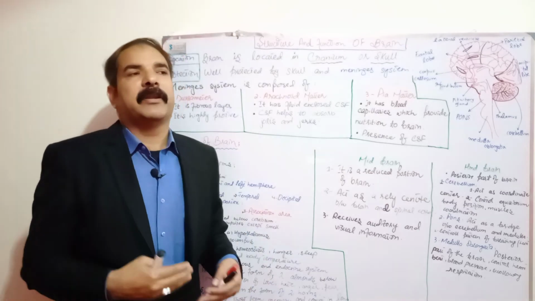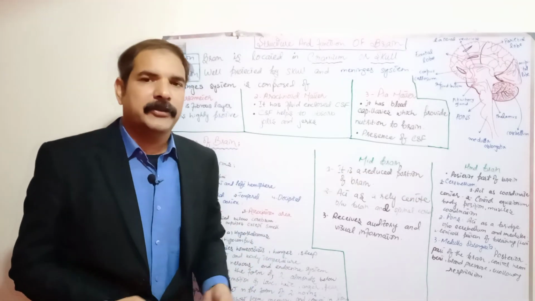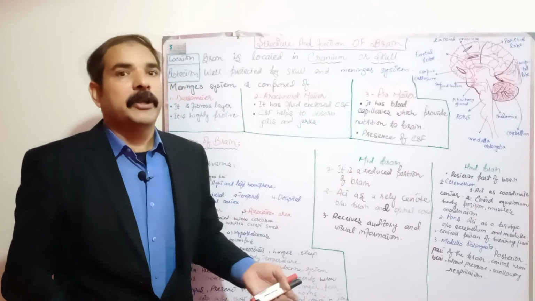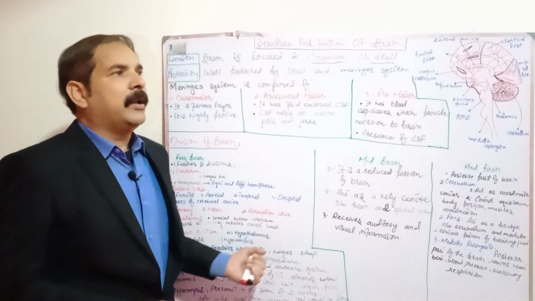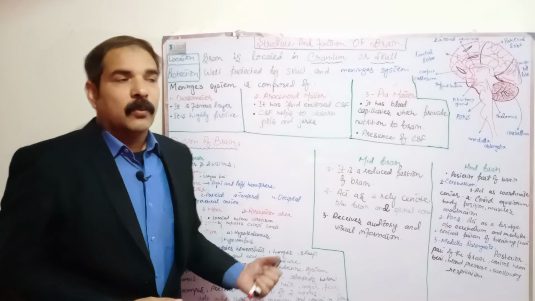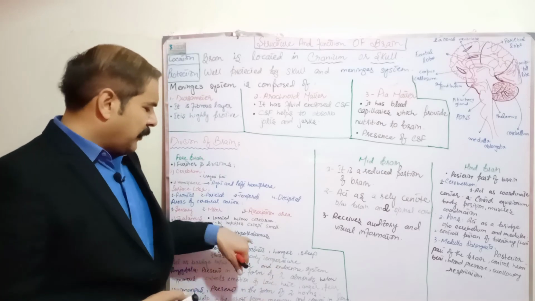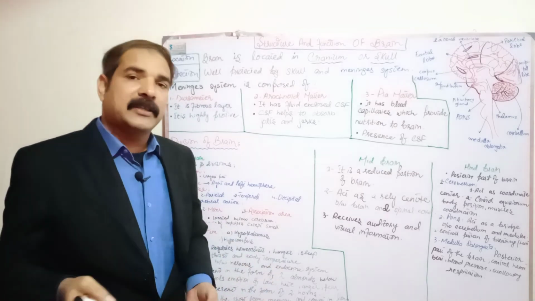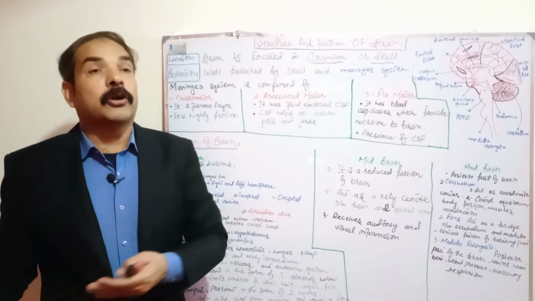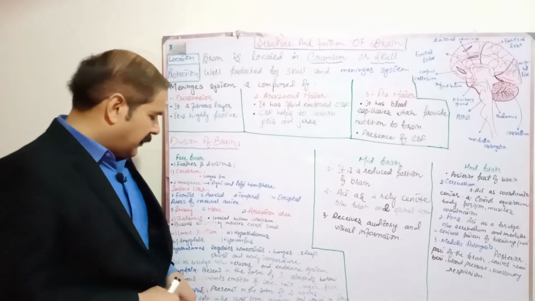Hypothalamus is a bridge between the nervous system and the chemical coordination or endocrine system, and it is a homeostatic center. The next one is the hippocampus. Hippocampus converts short-term memory into long-term memory.